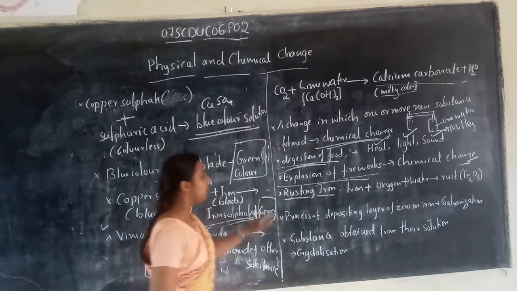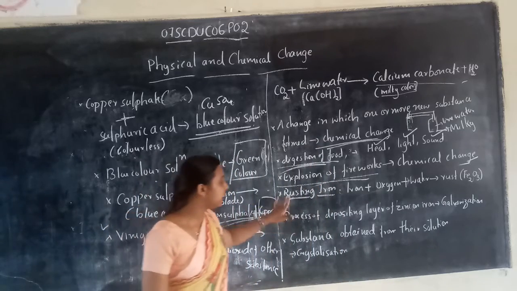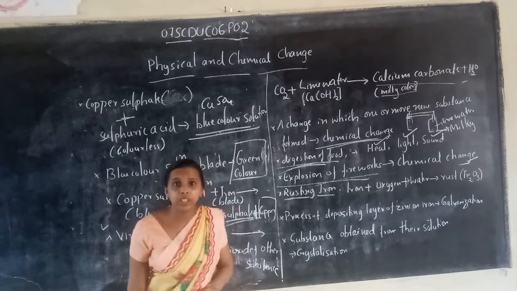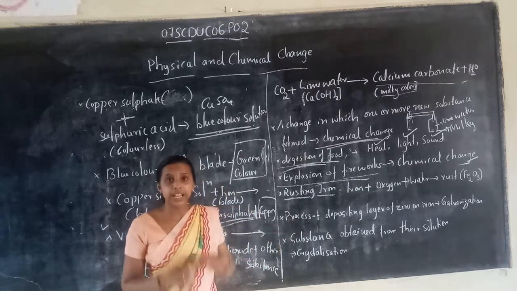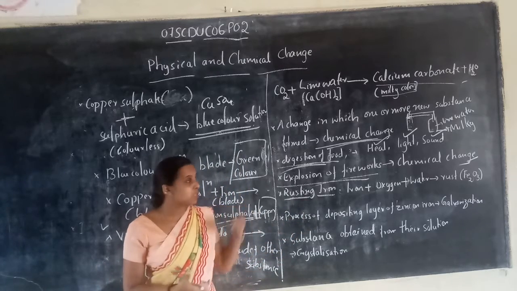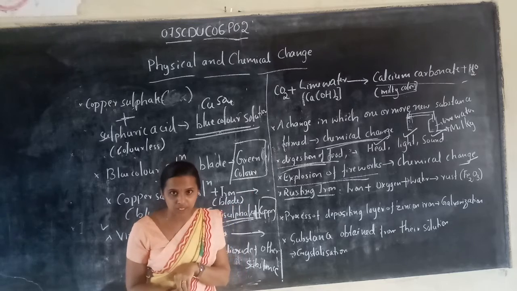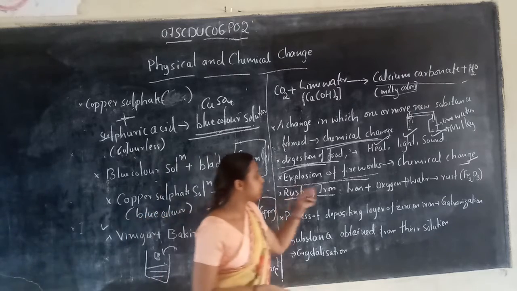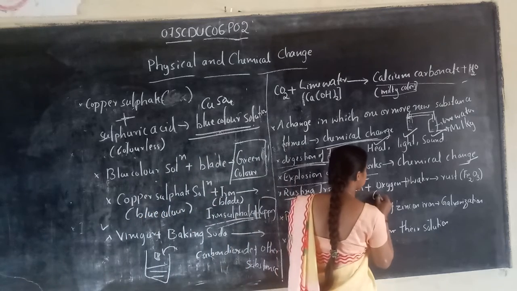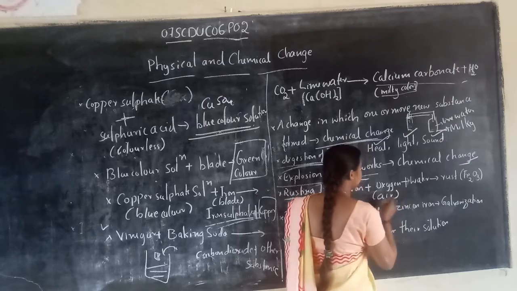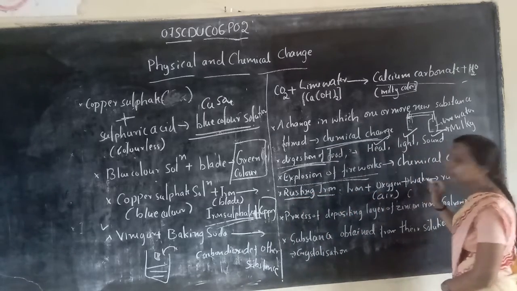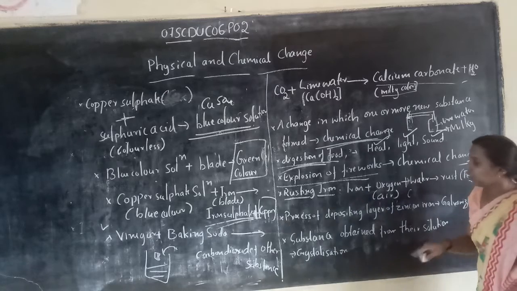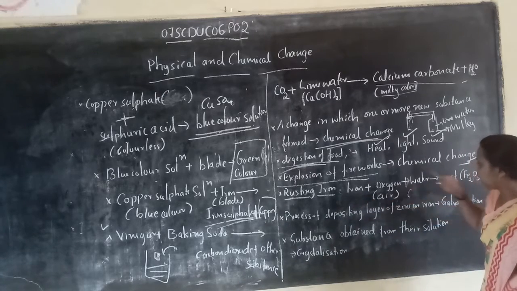Okay. Next, rusting of iron. I told you in the last class about rusting of iron. How does it take place? When iron is placed in open air, brownish particles are deposited. So iron reacts with oxygen and water, which are present in the air and in open places as water droplets.